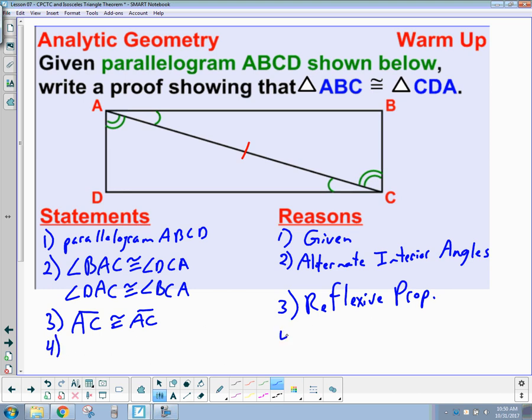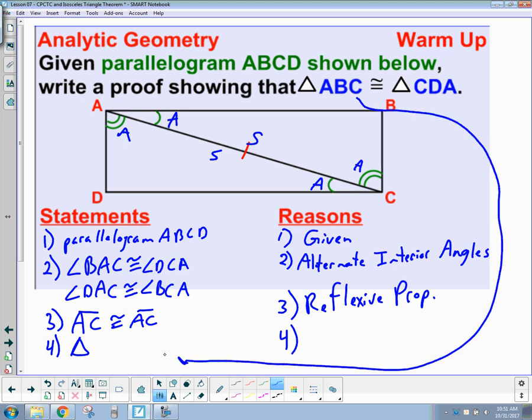We can wrap it up with angle, side, angle. So triangle ABC is congruent to triangle CDA, angle, side, angle.